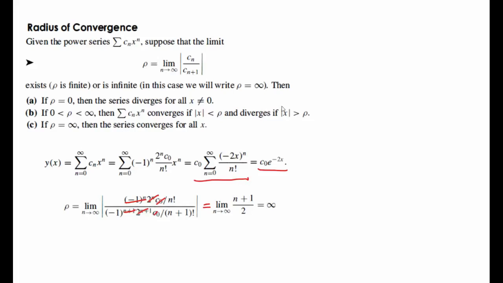However, the other important thing to keep in mind is that if you don't recognize this as a known Maclaurin series, for instance, or a Taylor series, then it is necessary to calculate the radius of convergence to figure out how useful the solution actually is.